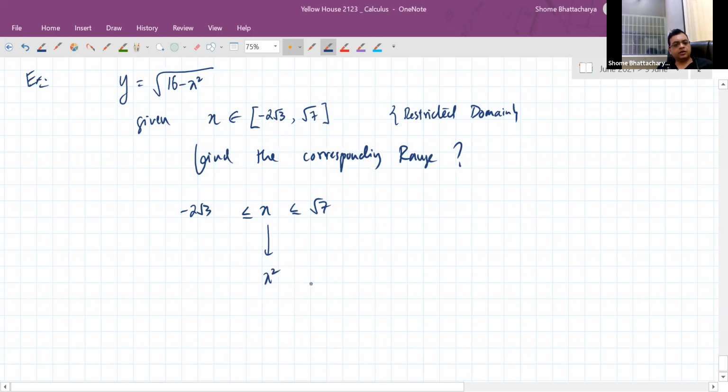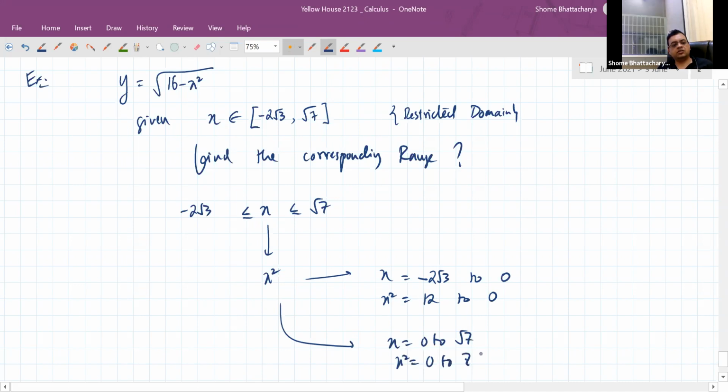As x goes from minus 2 root 3 to 0, x square goes from 12 to 0. Whereas x goes from 0 to root 7, so x square goes from 0 to 7.